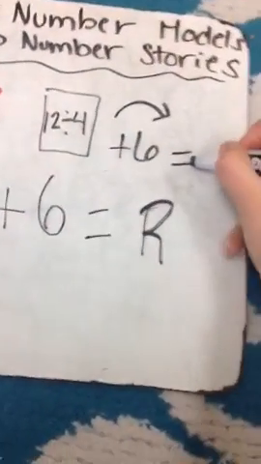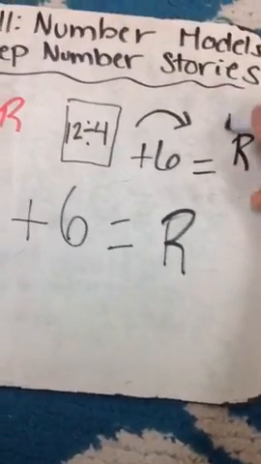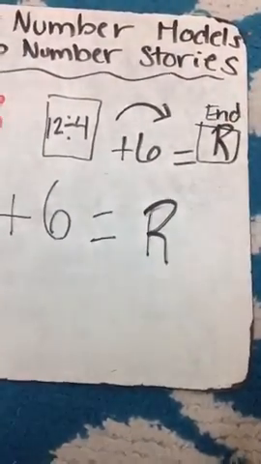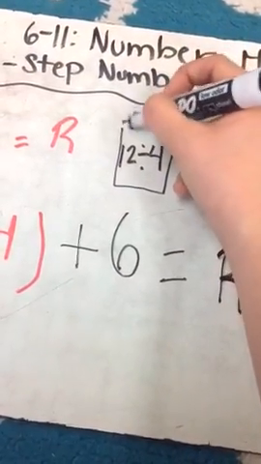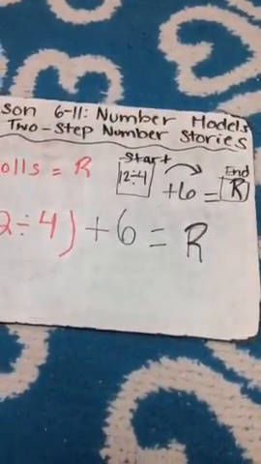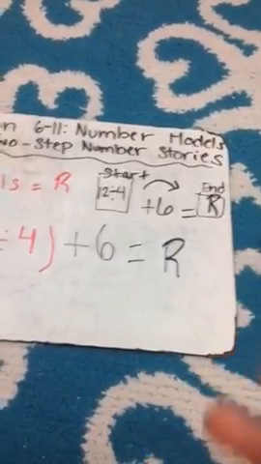And then finally, I need to find my answer. I don't know what the change is yet, or the end. I need to solve that first. There we go. And of course, over here must be the start, because this is a start and end change problem. So there's my visual for you. I started with 12 divided by 4. I added 6 rolls, and now I'm trying to figure it out.